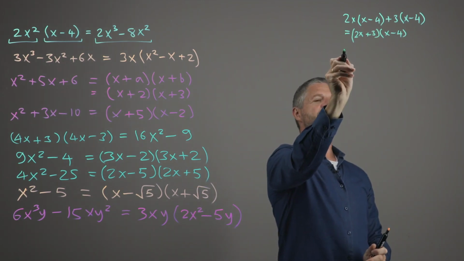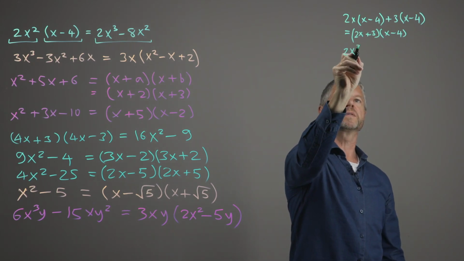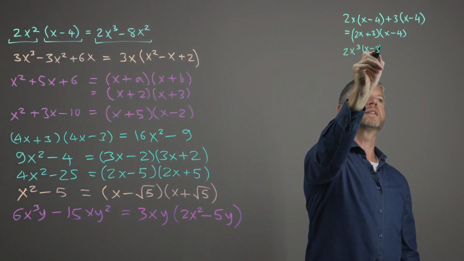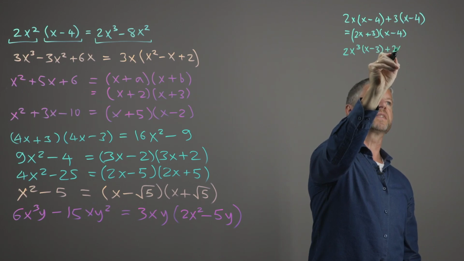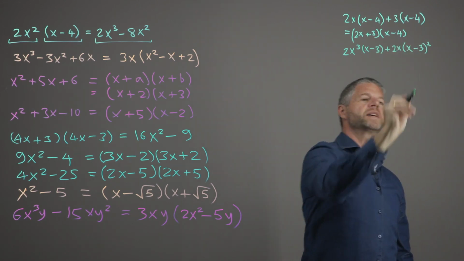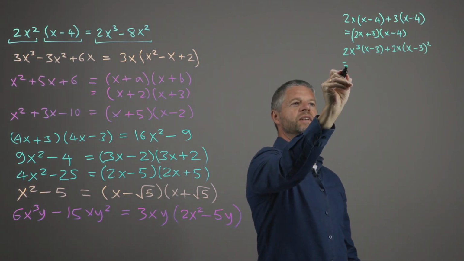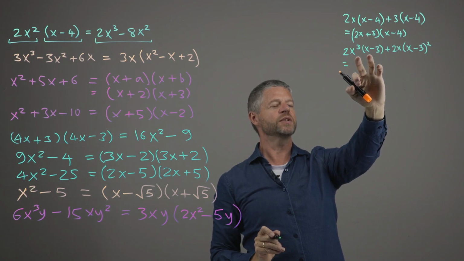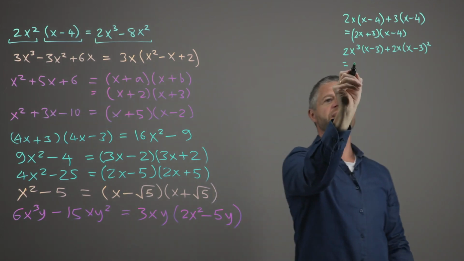Second example, let's do 2x cubed times x minus 3 and 2x times x minus 3 squared. So looking for common factors, 2x times x minus 3.